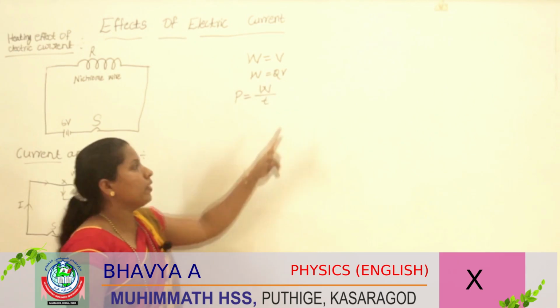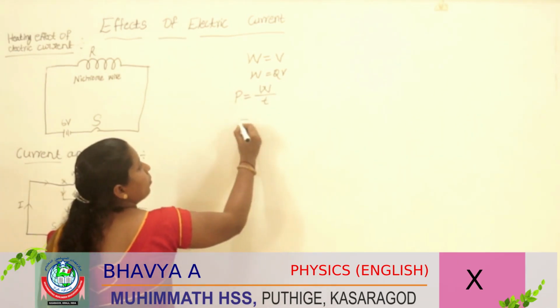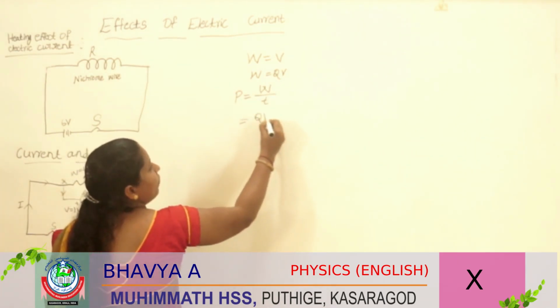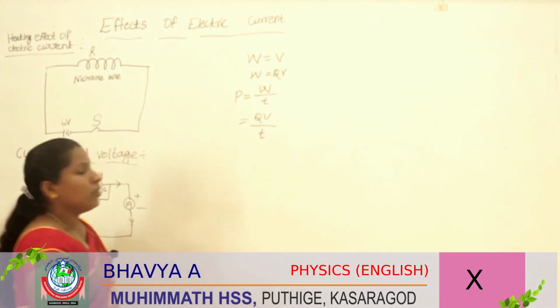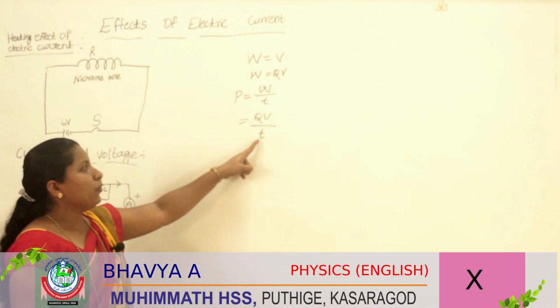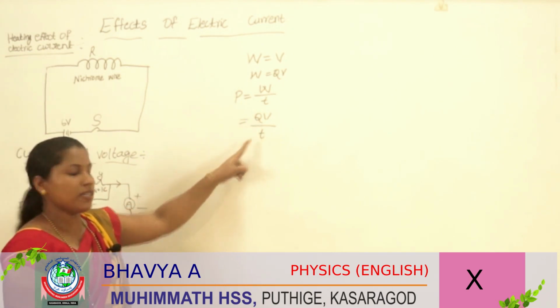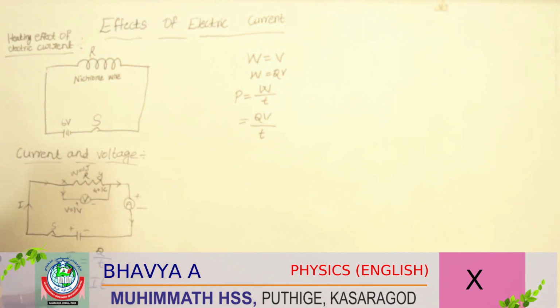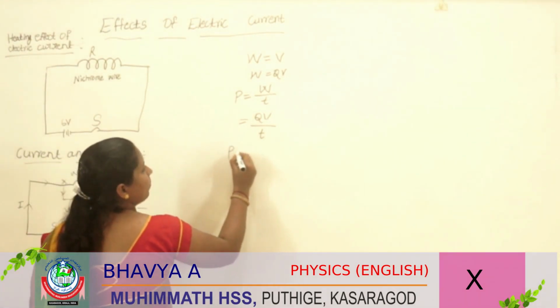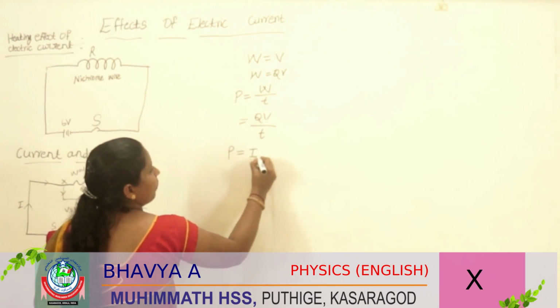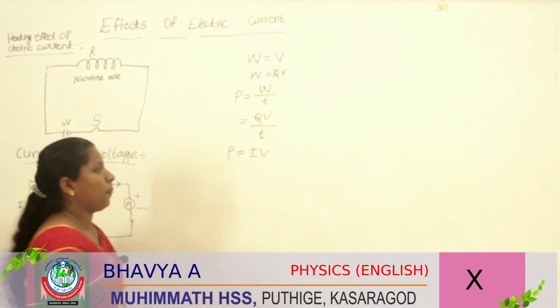W is equal to Q into V, so we can write P is equal to Q into V divided by T. You studied Q divided by T means what here? It is I. So you should apply the I value here. So P is equal to I into V.